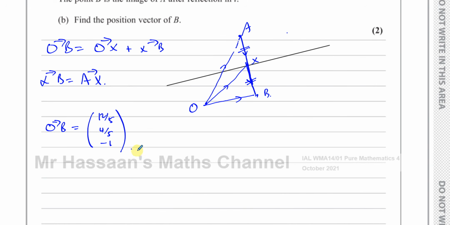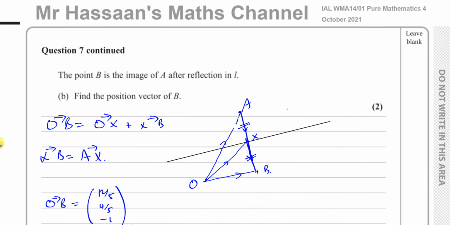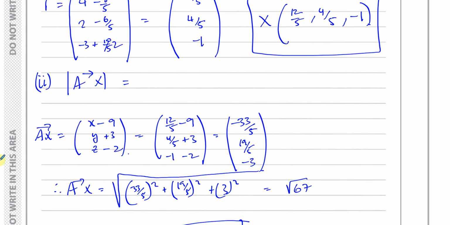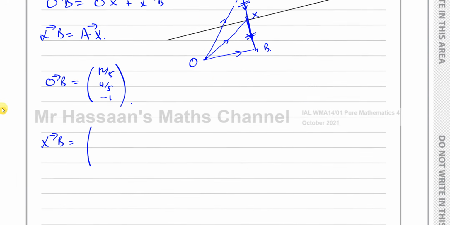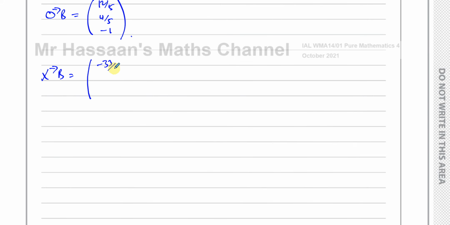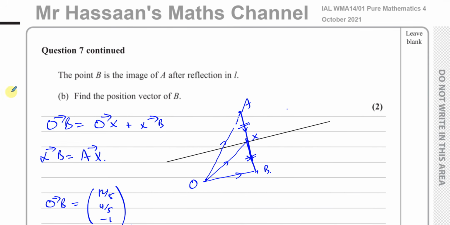That's O to X. Okay, and we know that X to B is the same as A to X. And A to X was the vector we found over here, which is minus 33 over 5, 19 over 5, and negative 3. Let me just make sure of that. Yep, and that's the vector from A to X.